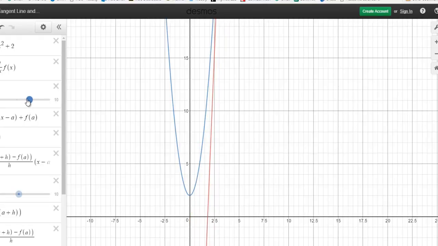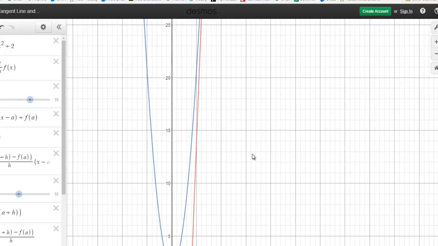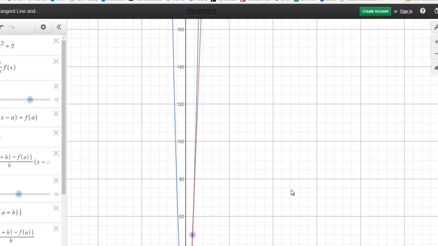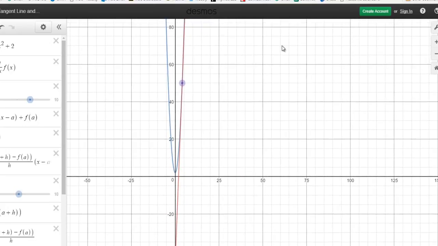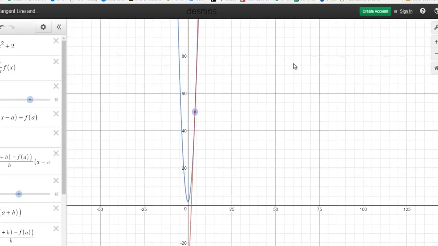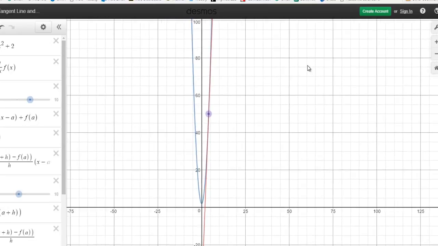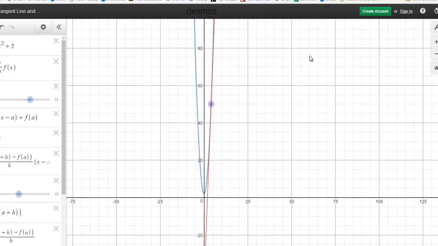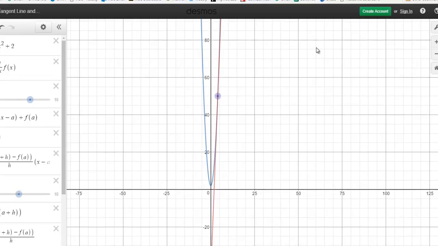Oh, that's not good. Okay. Now, does that make sense? Does a slope of 24 make sense? Well, I think so, because 24 is a pretty steep slope. And 24 is positive. That red line certainly has a positive slope.